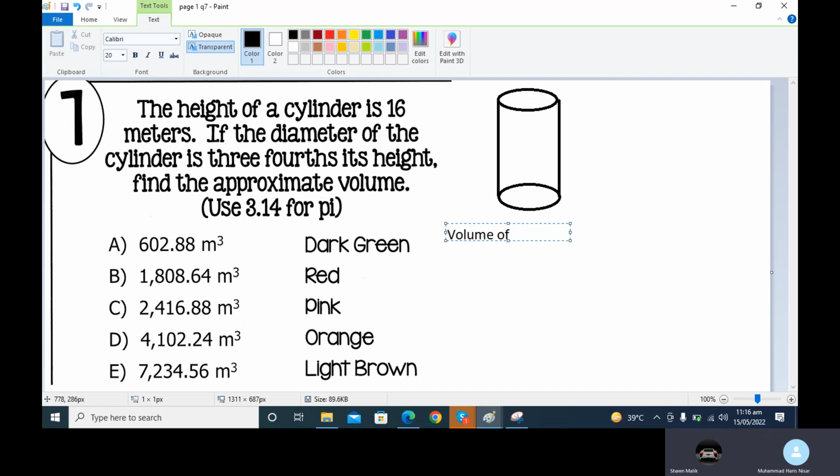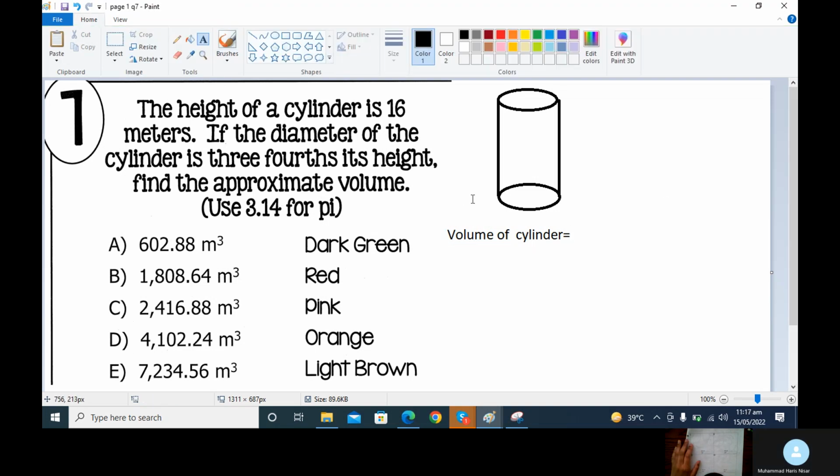Okay. So we need to find the approximate volume. Volume of a cylinder. First of all, we write the formula here. Volume of a cylinder is V is equal to pi r square h.